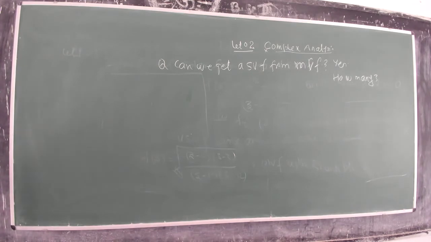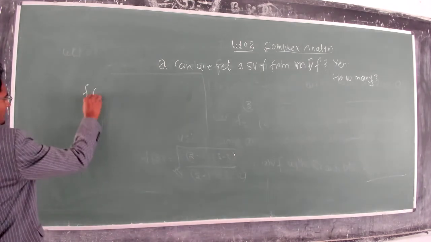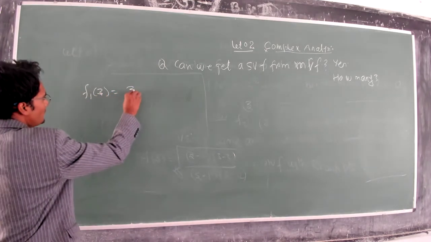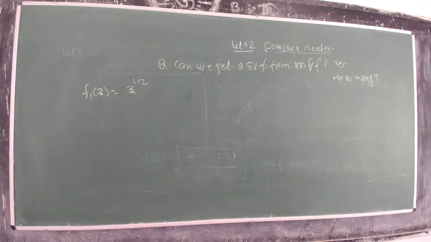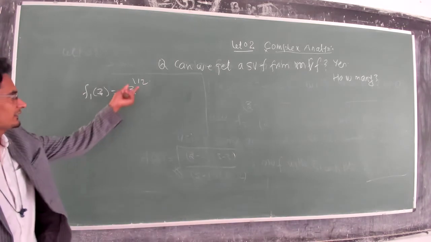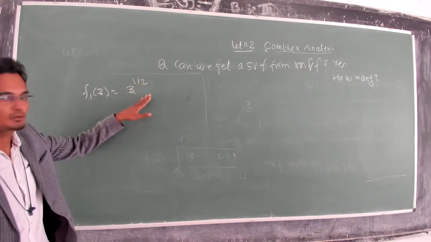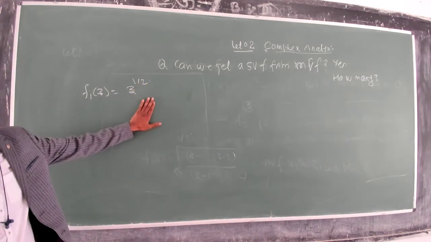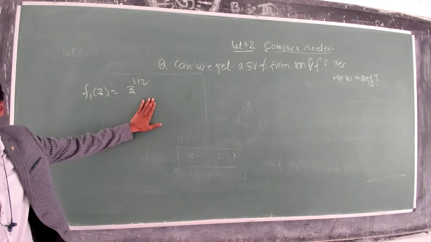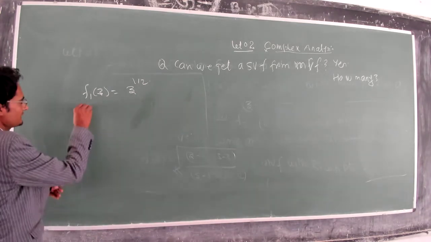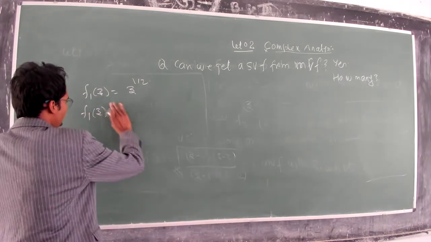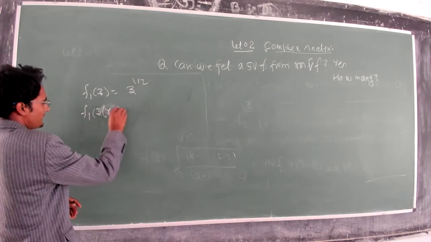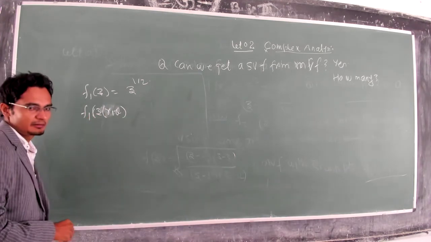So first example, let us see. Yesterday we had seen f1(z) equal to z to the power 1 over 2. A complex number written in the form of a power, we will work in the polar form, not in Cartesian form. So f1(z) is f1 of (r, theta).